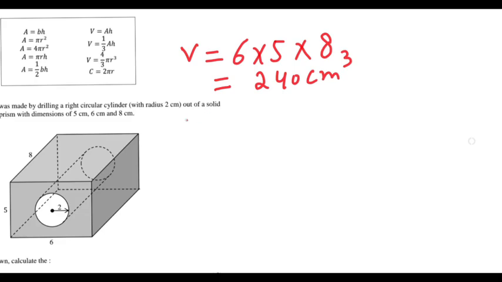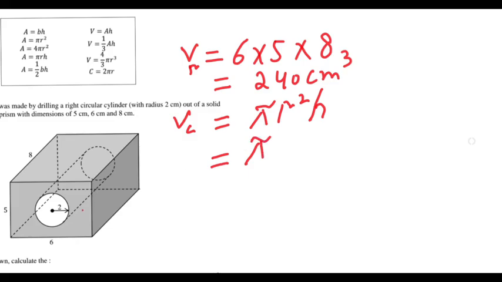Now I'm going to calculate the volume of the cylinder. The volume of the cylinder formula is pi r squared h. So we have pi from the formula, the radius we got is 2 squared. Now the height is 8 centimeters.